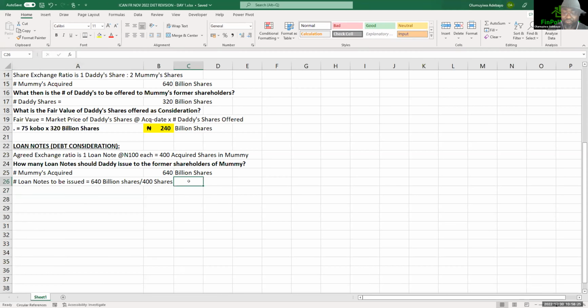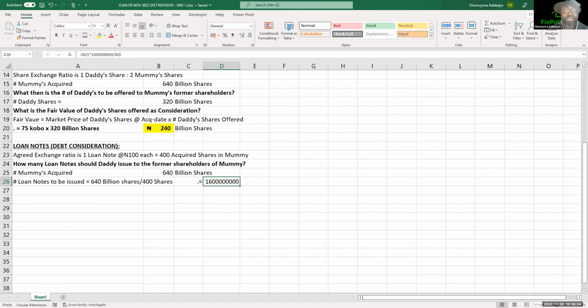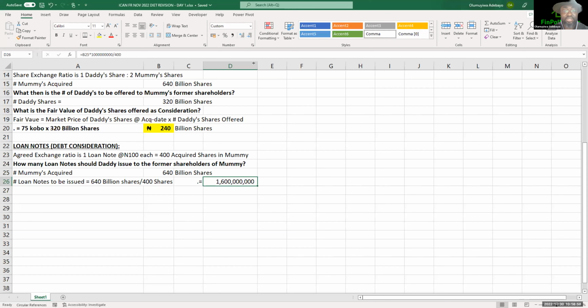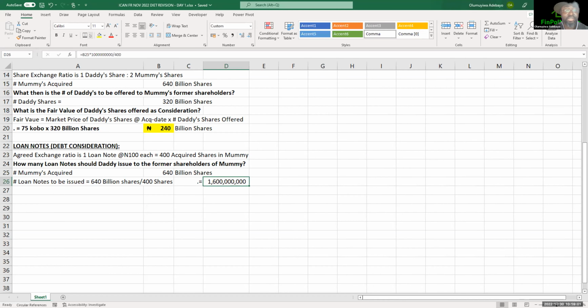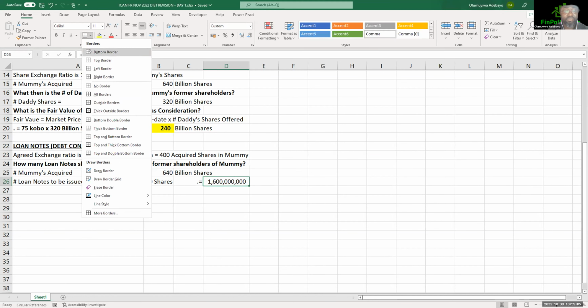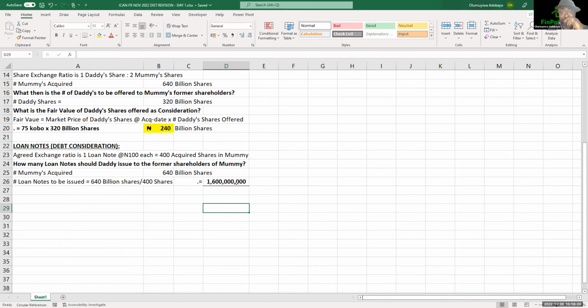And what does that give you? 640 billion shares divided by 400 will give you how many loan notes? Remember, this is in billion. Let me multiply it by 1 billion divided by 400. That gives me 1.6 billion. Sorry, 1.6 billion loan notes.